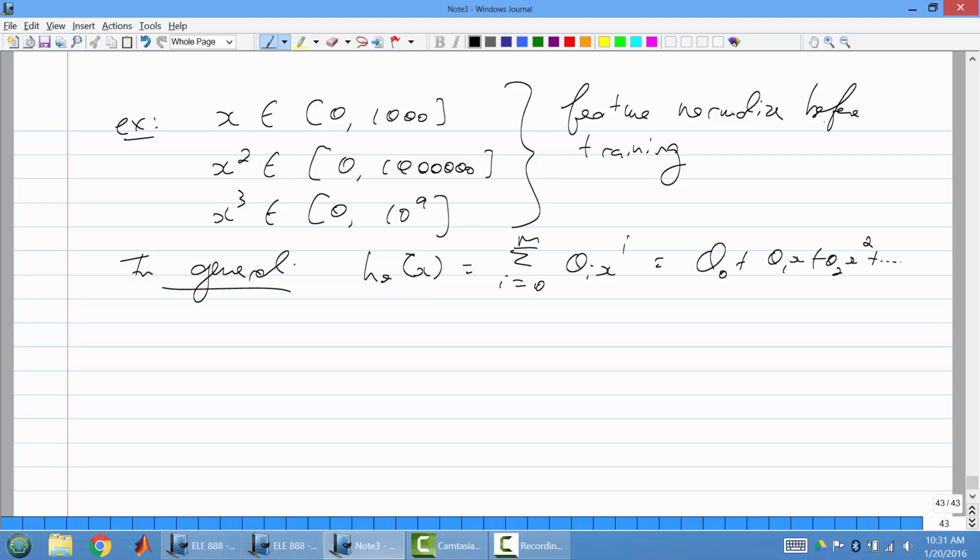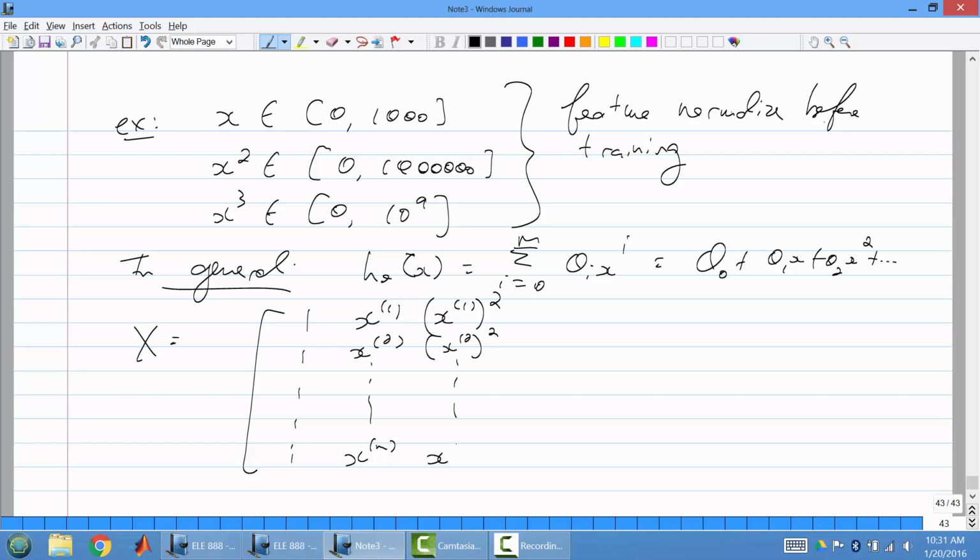All right? And the data matrix is going to look like this. So you have a bunch of 1s here, and then you have the first example, second example, on to the last example. And then you have the first example squared, second example squared, and keep going to the end.